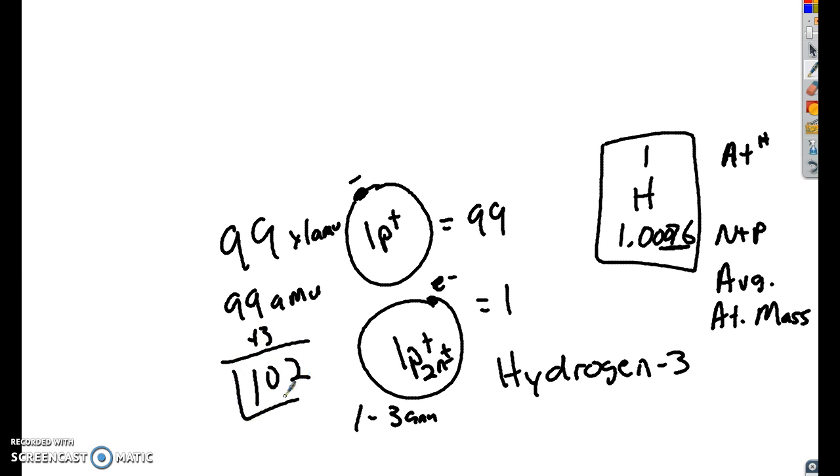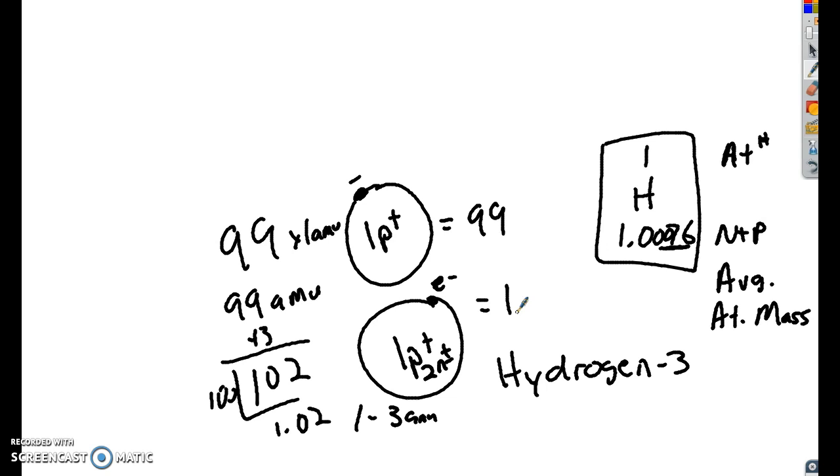If we divide that by 100, the average would be 1.02. Now, obviously, if there was 1 hydrogen 3 for every 100, then the average would be 1.02, so actually we know the real fraction is an even smaller number than this. It might be 1 in 1,000 or so. So very few of these hydrogen 3 atoms exist. Whatever the number is closest to, 1, that tells you most hydrogens are hydrogen 1.